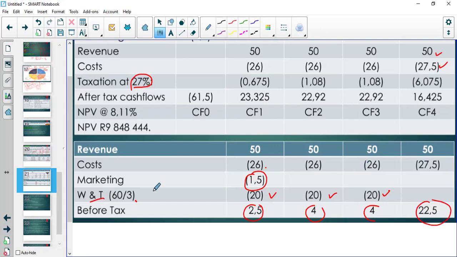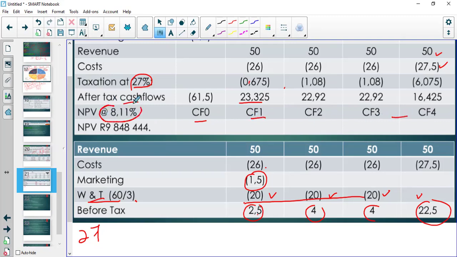So here you also need to be careful that the capital allowances for the rights is for 3 years only. Right? Then you get your taxation at 27% of that. All right. Then we get our after tax cash flows. Then that's going to be your CFs and like that.